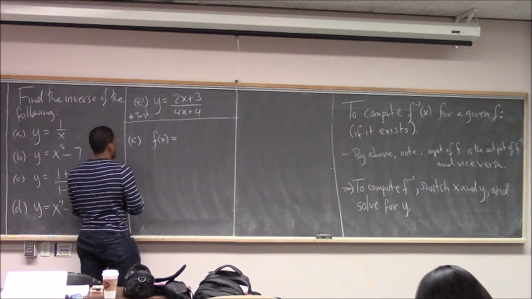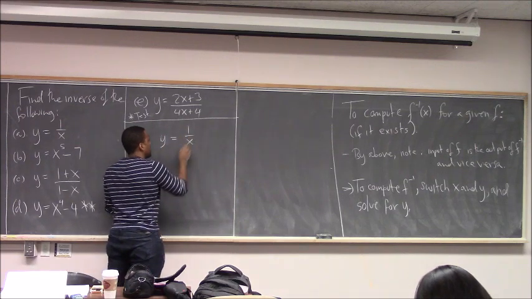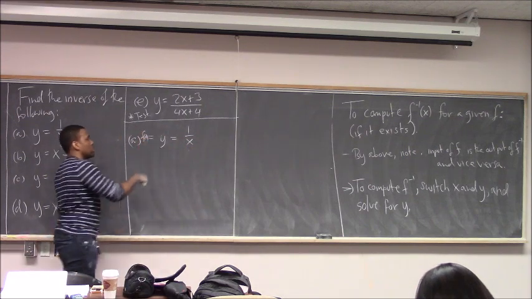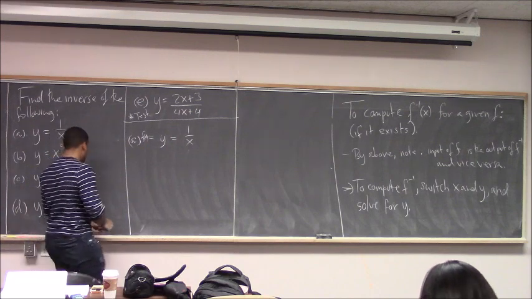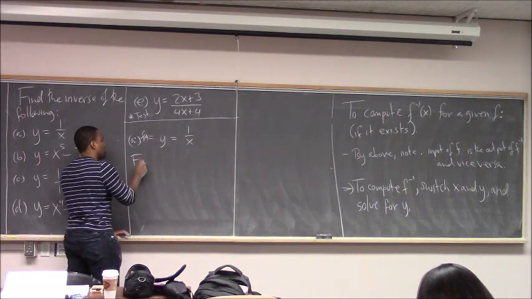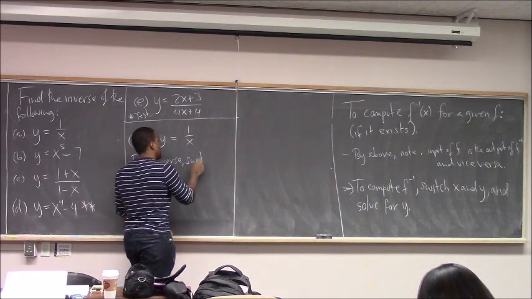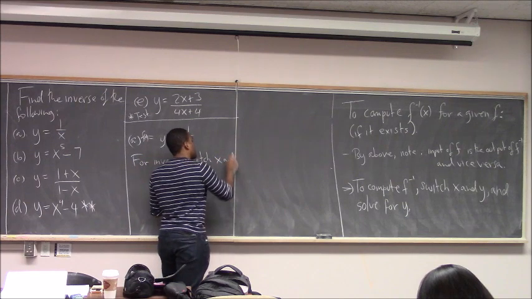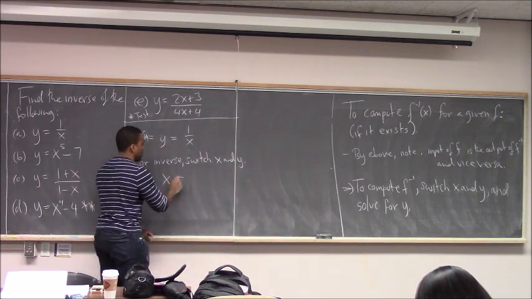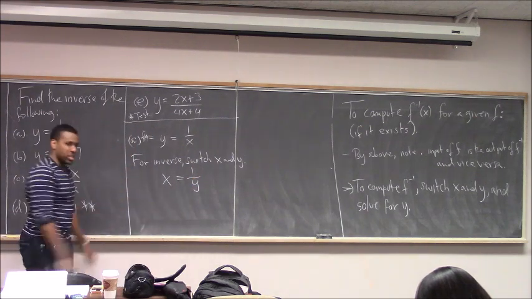So I'll write this as f of x equals, I'll write it down in the other notation. So let's say this is f of x, which is that. So what you notice is that for the inverse, you switch x and y. So that means we have x over here, and you literally switch the places of x and y.